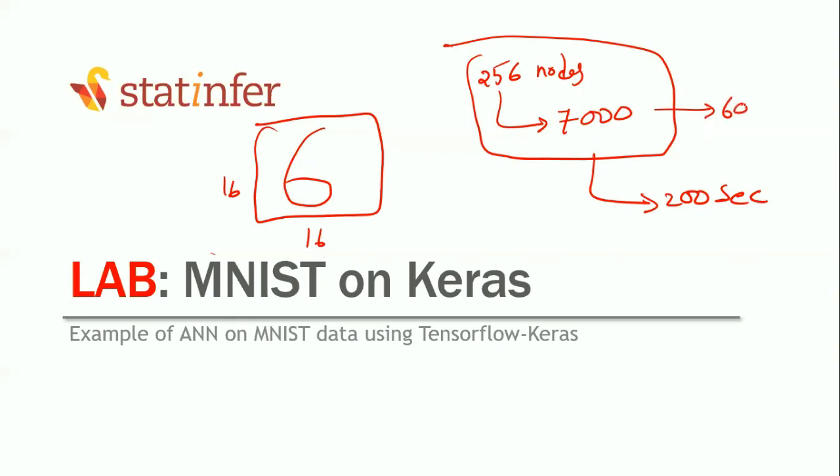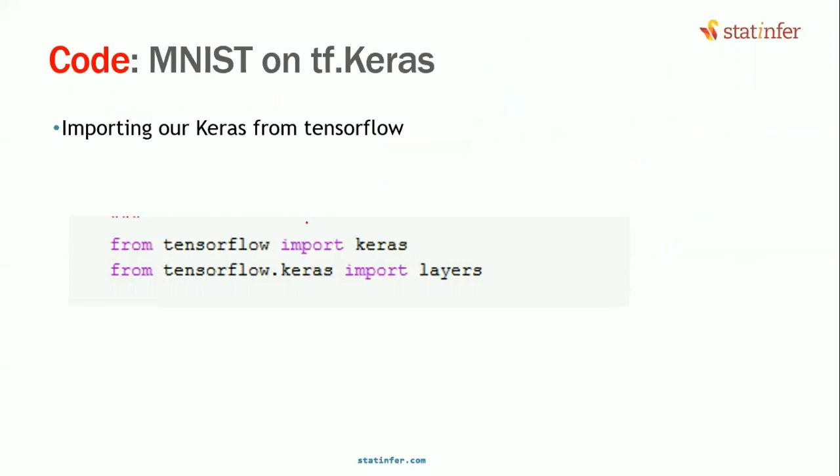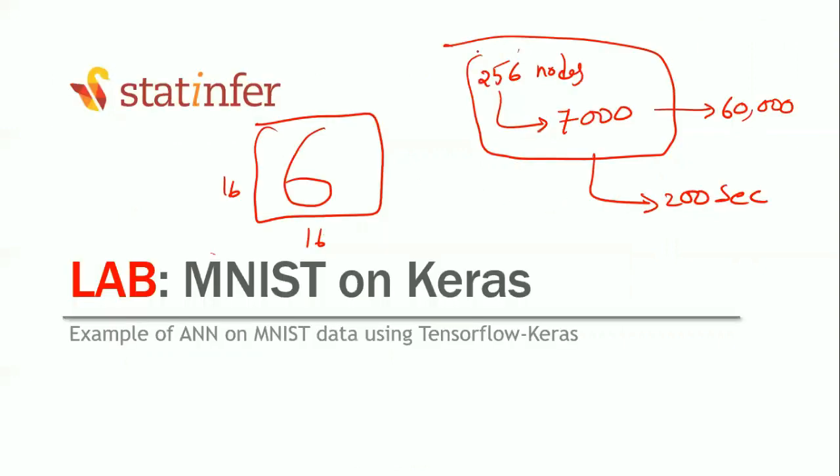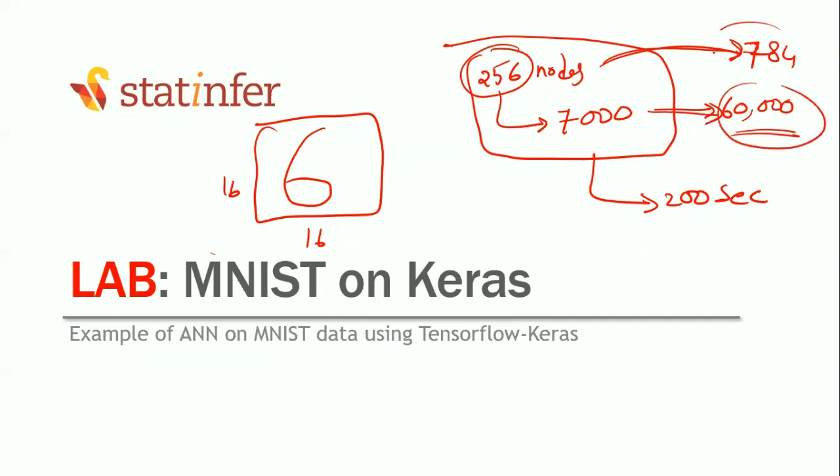Now we are going to work with even larger data sets here, which has not 7,000 records, roughly 60,000 records are there. It is not 16 by 16, it's even larger. It is around 24 by 24, I think. Around 784 nodes are there. Here instead of 256, you have 784 nodes, 3 times the input nodes, and around 8 or 9 times the data, and the time taken will not be 200 seconds.